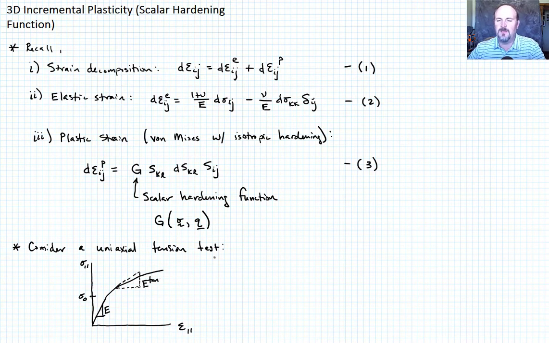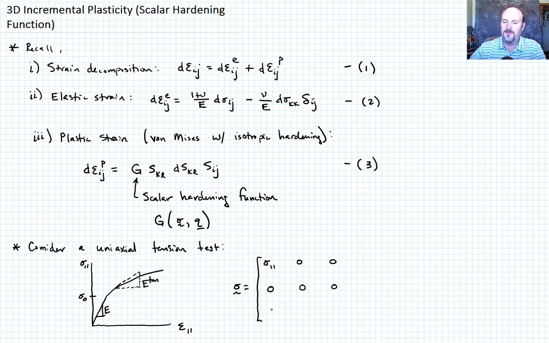Okay, so what does the stress tensor look like in this case? Well, if we were to write it out, it's very simple. We're pulling on it with just sigma 1,1. A single component of the stress is non-zero, and that's what our stress tensor looks like.